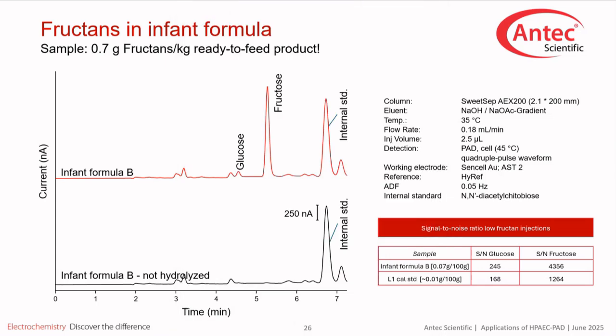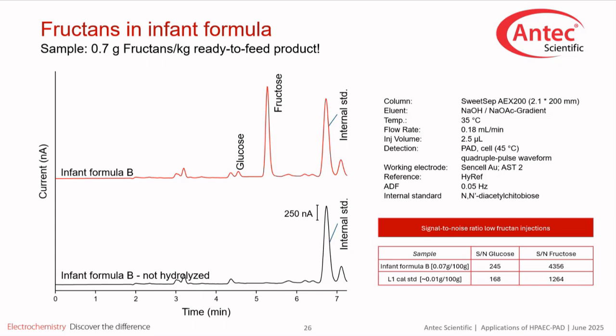Once again, we are using the SweetSep AEX200. The runtime is impressively short, with analyte elution, including the internal standard, in just under 8 minutes. We can maintain the same gradient or switch to a specific method for glucose and fructose analysis, optimizing the cycle time.